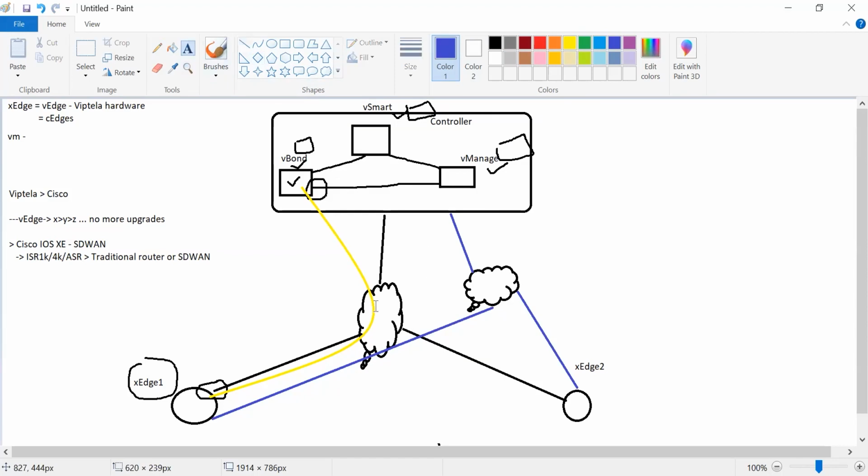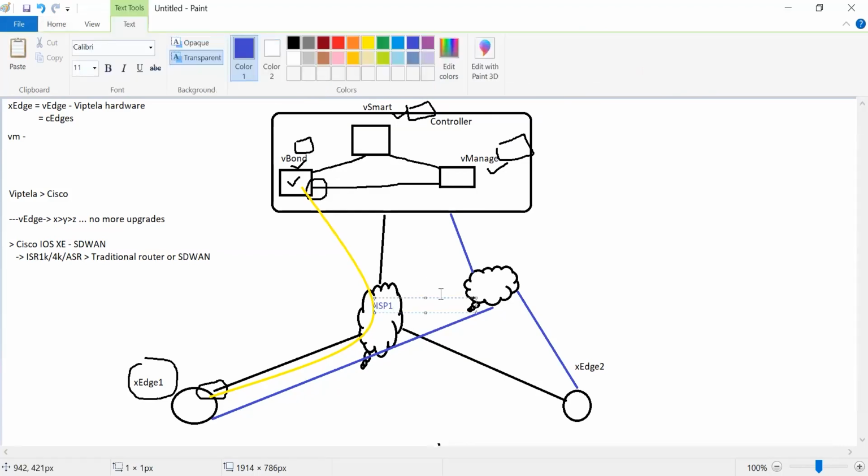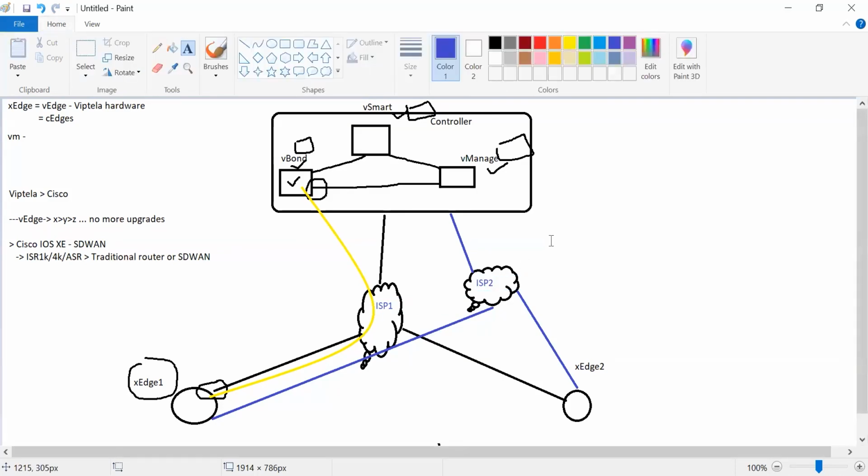This is ISP1 and this is ISP2. There can be multiple links, and I will explain the connection to controllers. To vSmart, there would be at least one control connection via each WAN link.